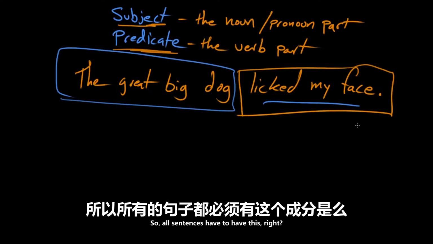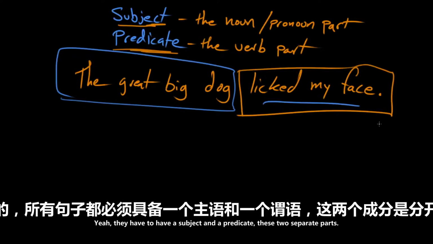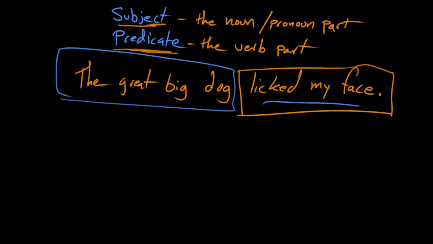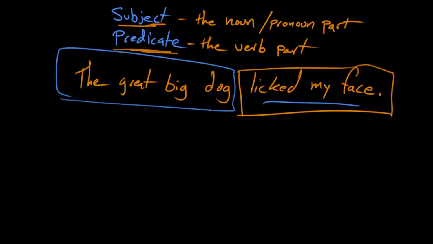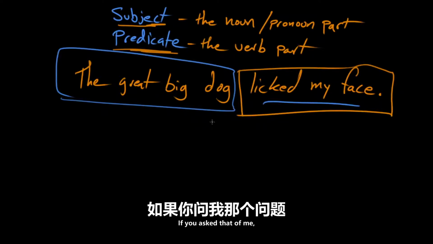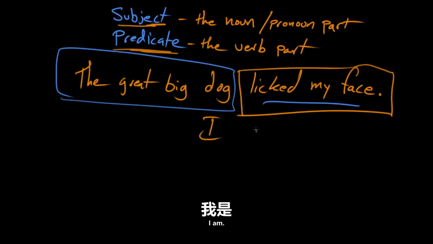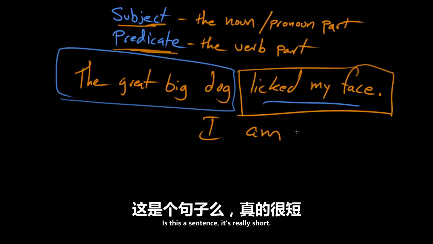So all sentences have to have this, right? Yeah, they have to have a subject and a predicate, these two separate parts. So if you asked a question like, are you named David? If you asked that of me, which, go ahead. Are you named David? I am. Is this a sentence? It's really short.